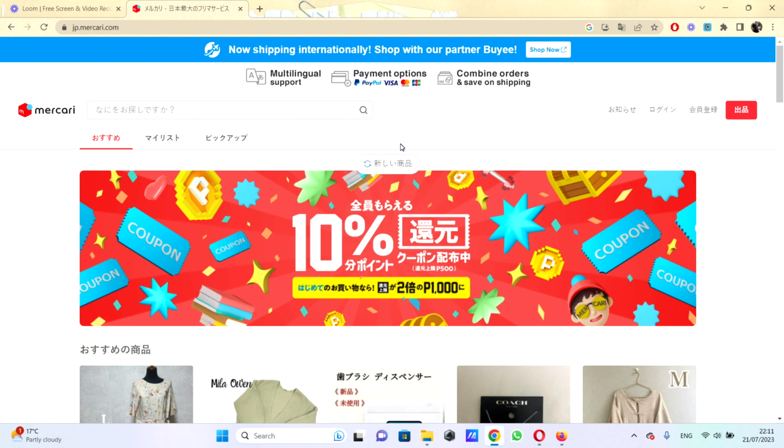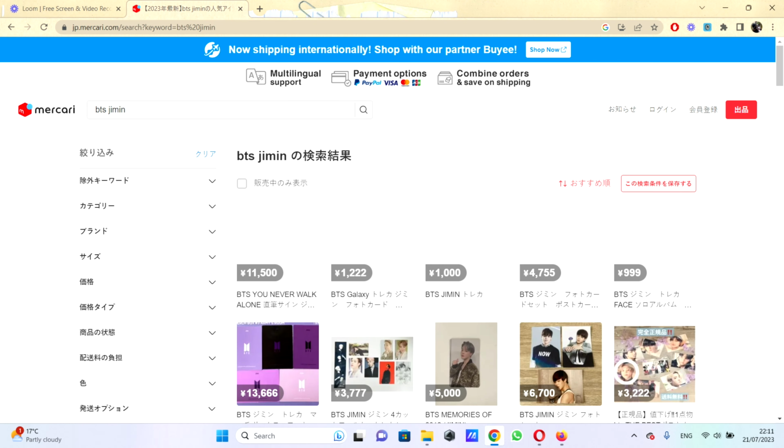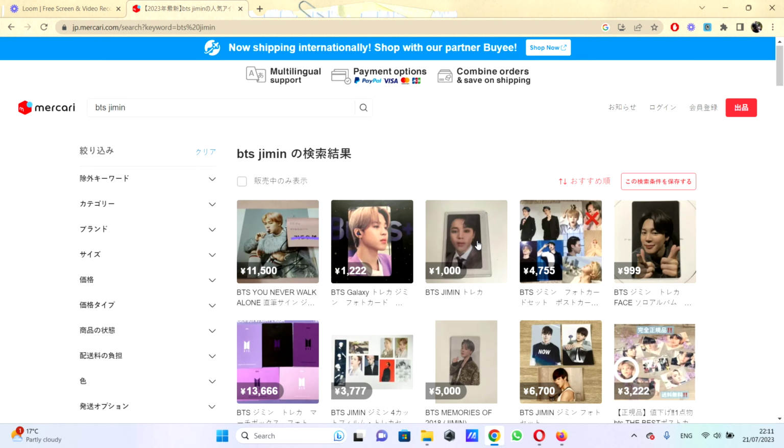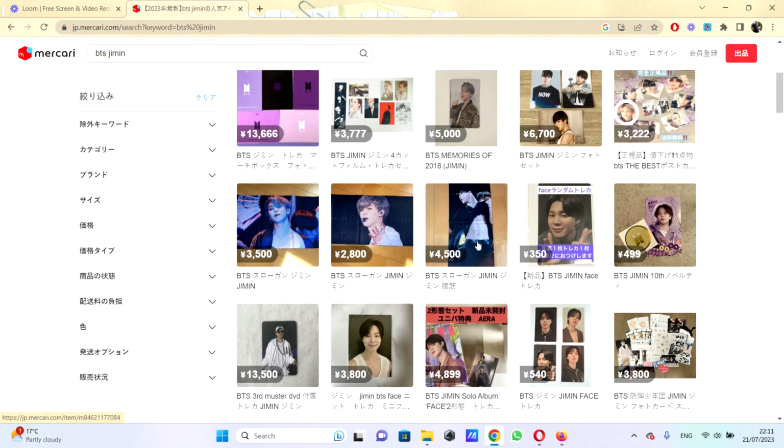Let's imagine that you are searching for Jimin, but you don't know how to search for him. Usually people would just put in BTS Jimin, which is great. Some things still show up, a lot of things actually, but the thing with Japanese sellers is that for most idols, they put in their name in Japanese.